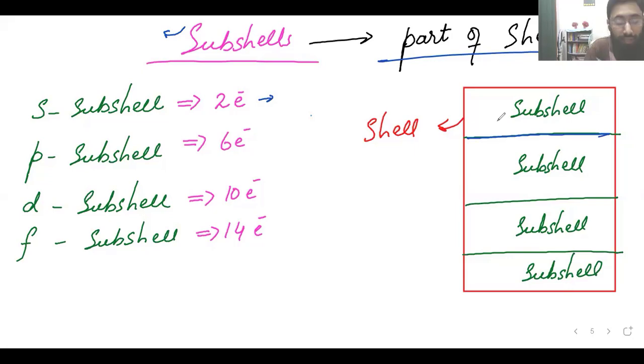The best way to arrange electrons is to first put the electron in a subshell, then in the shell. Subshell is a part of a shell. A big cupboard is a shell, and its small portions are subshells.